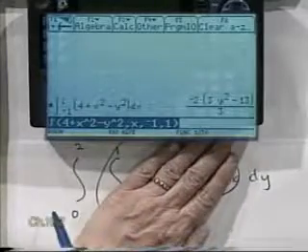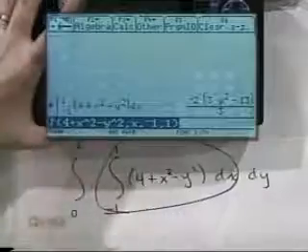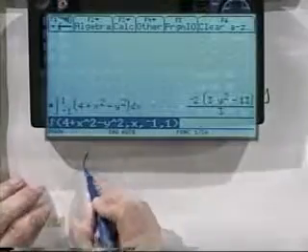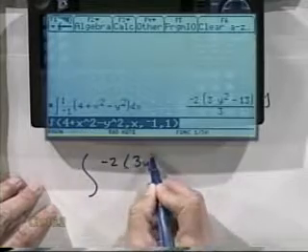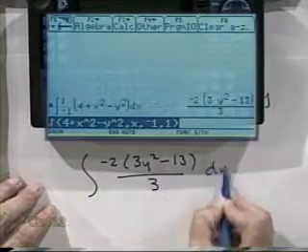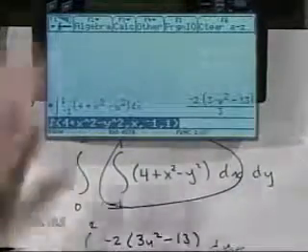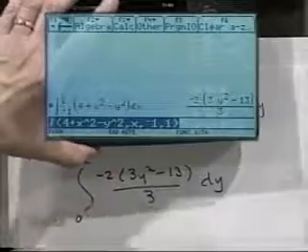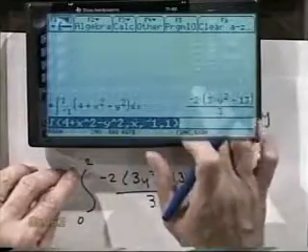Notice that answer is totally in terms of y's, because I'm going to take that solution and integrate from 0 to 2 of whatever I got with respect to y. In this case, I'm integrating, my answer was -2 times 3y squared minus 13, all over 3, dy, as y ranged from 0 to 2. And on the TI-92, what's so nice is I can just go Shift Integral.